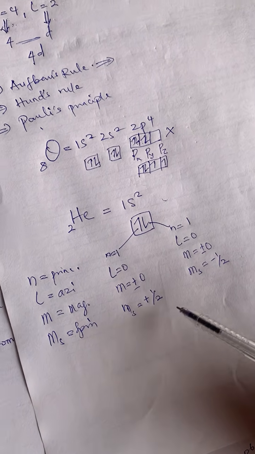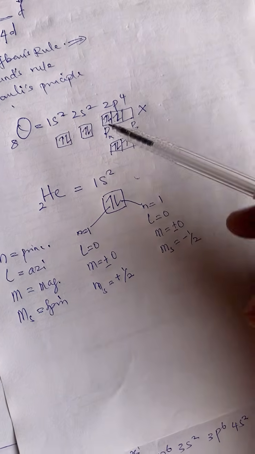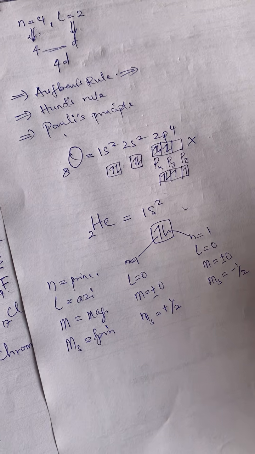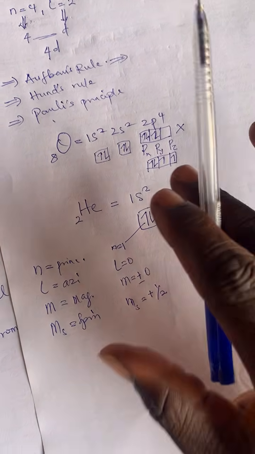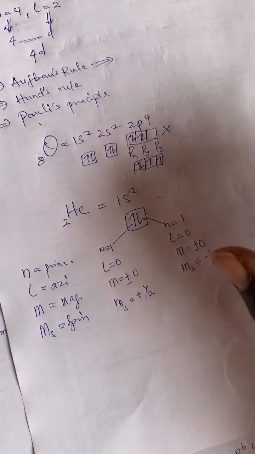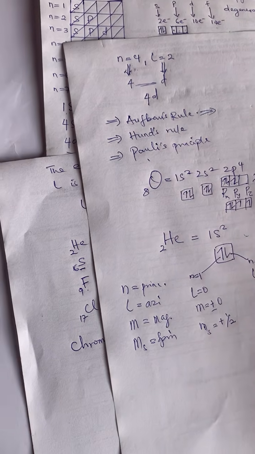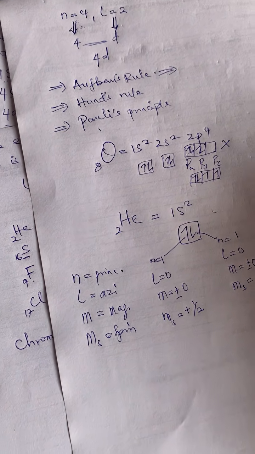And that is what Pauli was simply trying to say. So Pauli is saying that any 2 electrons within an atom will not have all 4 quantum numbers the same. And that is very illustrative, as we have shown in this particular example.